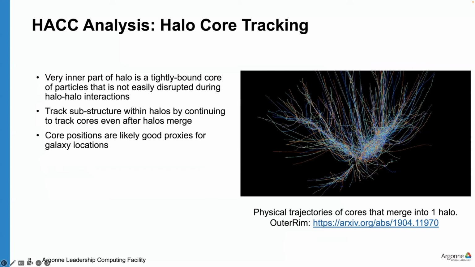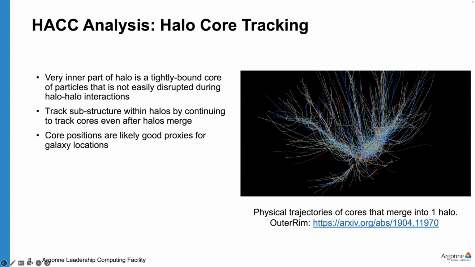From that cartoon picture, this is a more realistic image actually taken from simulations. These are the trajectories of cores from a very large halo. You can see that these tightly bound groups of particles, the cores from these dark matter halos, are not very easily disrupted.